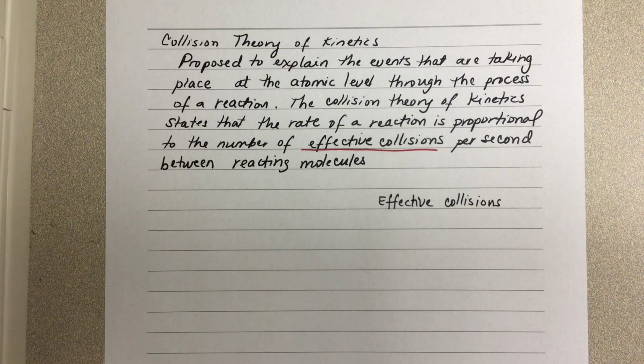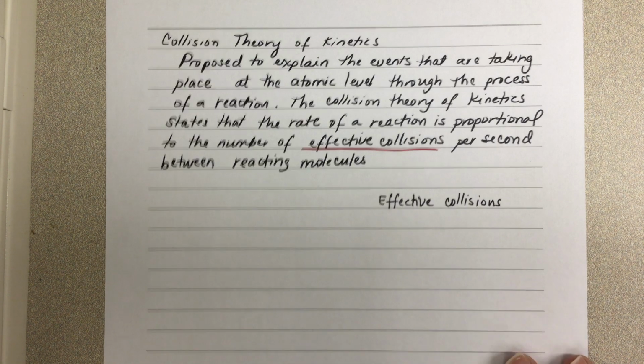Enough energy to break chemical bonds, right? You're going from reactant to product, so you're breaking chemical bonds on your reactant side and you're forming new chemical bonds on your product side. So your collisions need to have enough energy to break those chemical bonds on your reactant side.